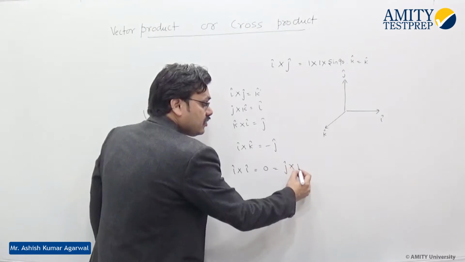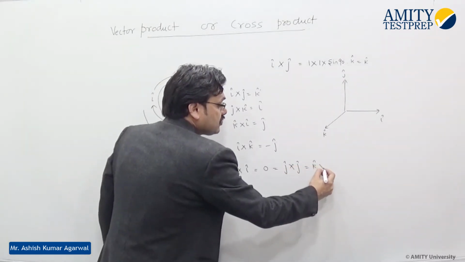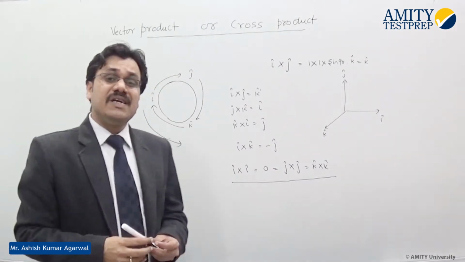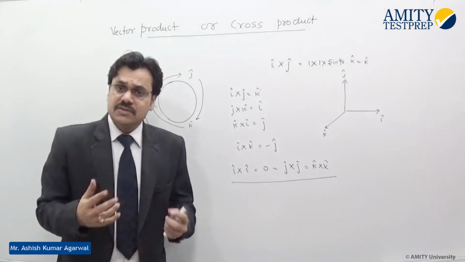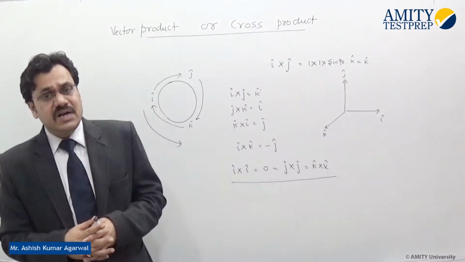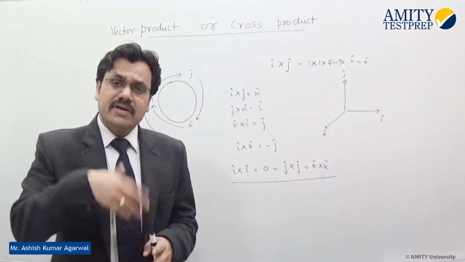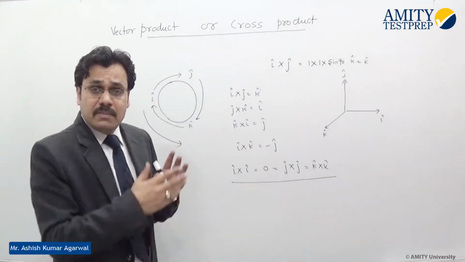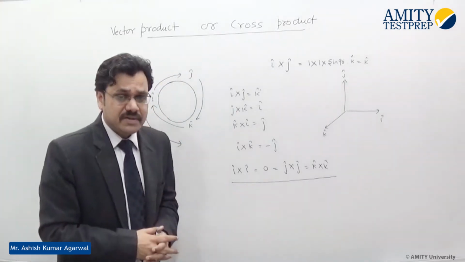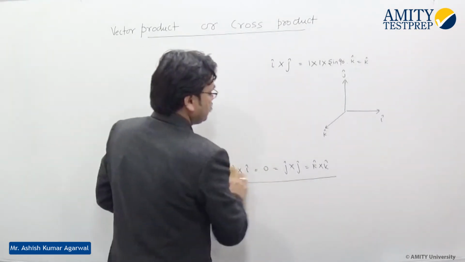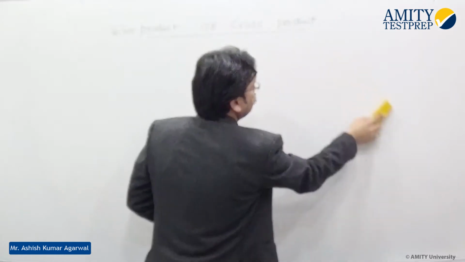Similarly, j cross j equals k cross k equals 0. So it is very much clear: if you cross multiply two identical vectors, you get 0. If you multiply two perpendicular unit vectors, you get another unit vector which is perpendicular to both of these two vectors. Now I will take up where this cross product is useful to us.